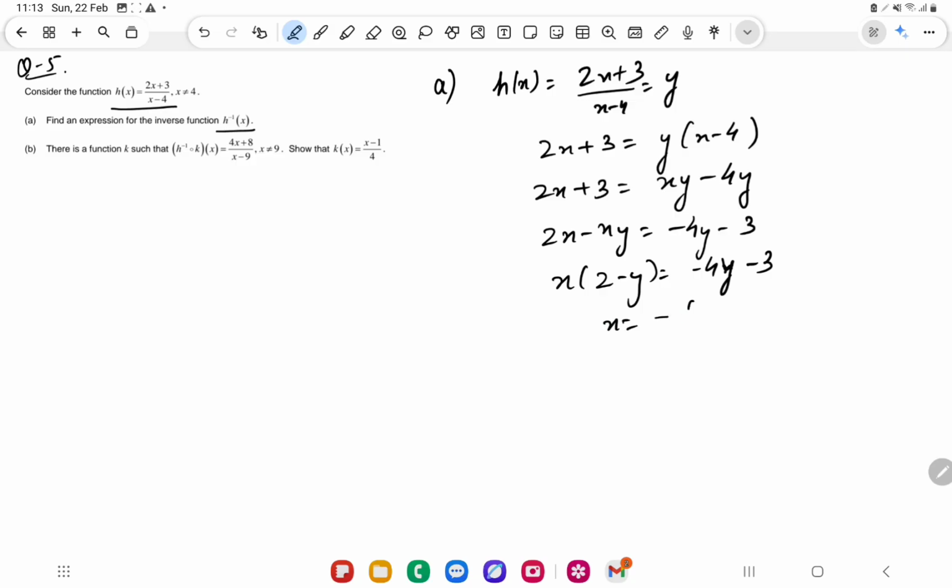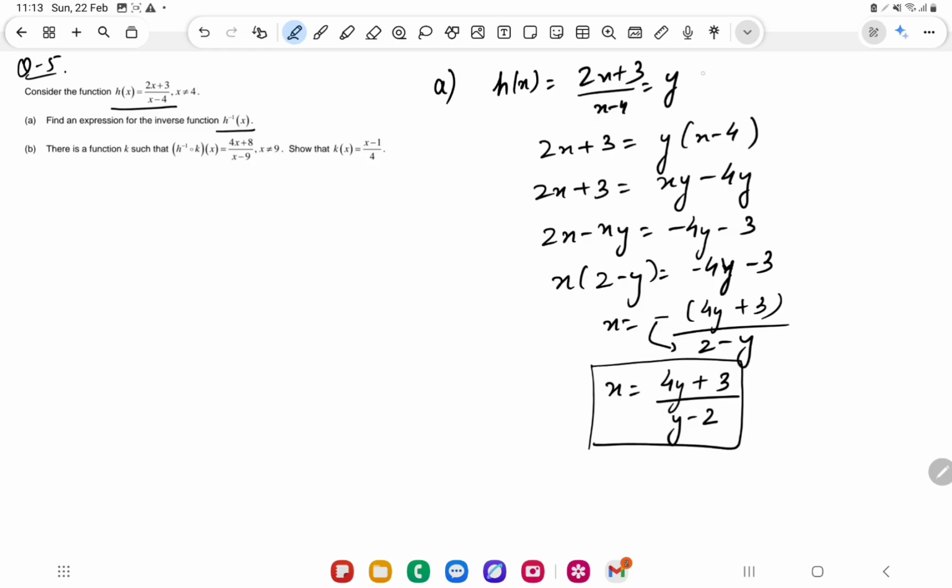So my x will be, if I take minus common, (4y plus 3) upon (2 minus y), and if I move the minus into the denominator, my x will be (4y plus 3) upon (y minus 2). So what I have done is, my original question was in terms of x. Here I had y as the subject, and here I made x as the subject. So this is nothing but h inverse of x.